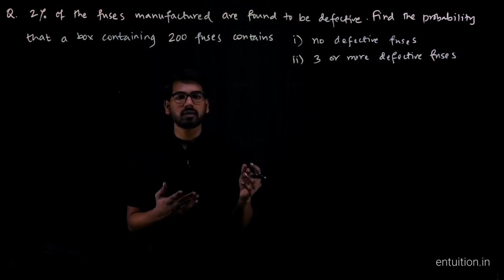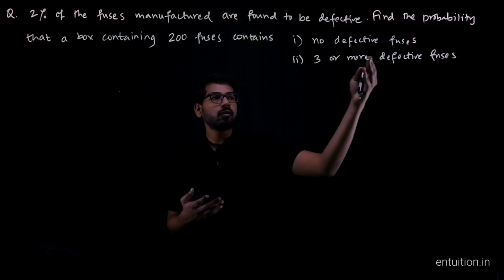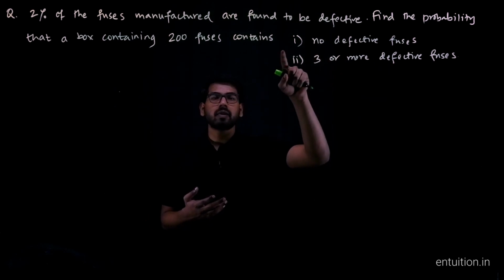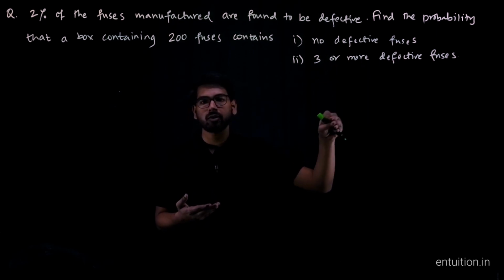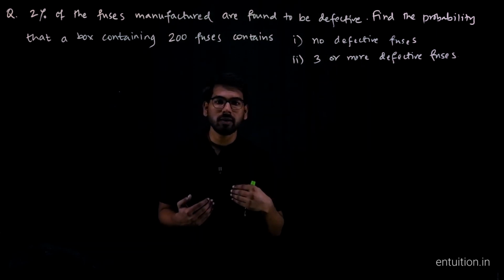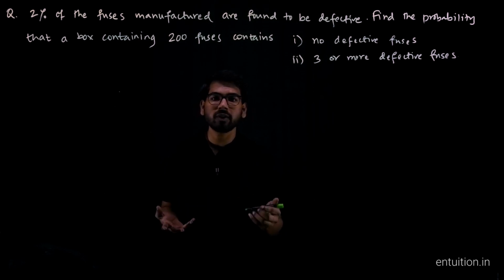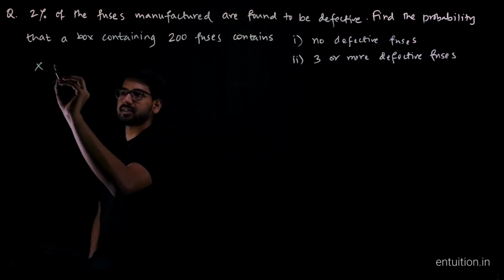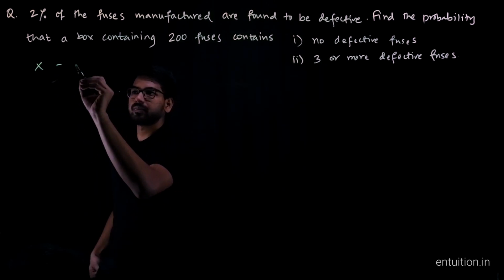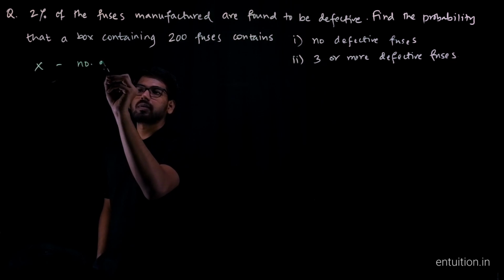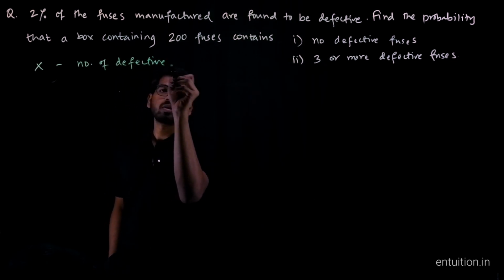The focus is on the number of defective fuses, because we are asked about no defective fuse or 3 or more defective fuses. So we need a random variable to represent the number of defective fuses. Let x be the random variable that represents the number of defective fuses.